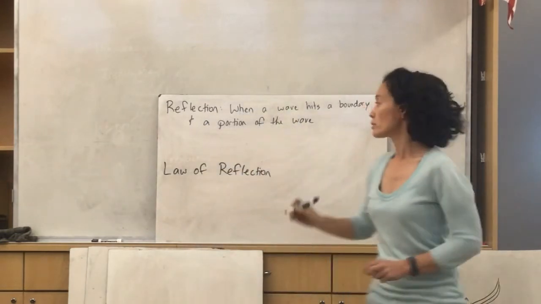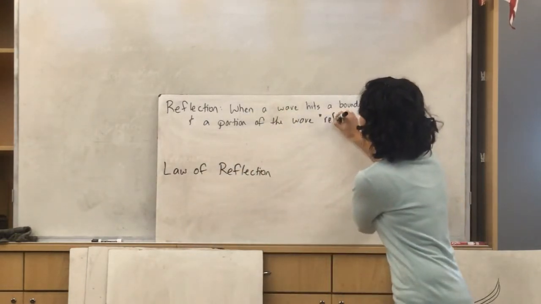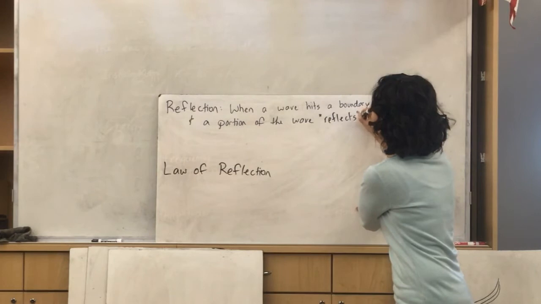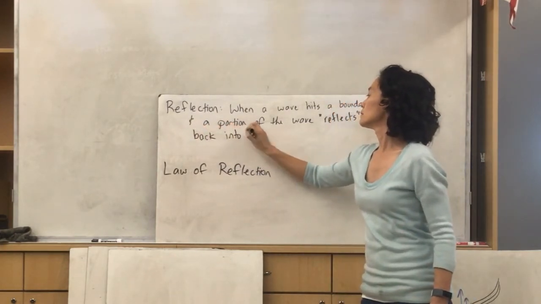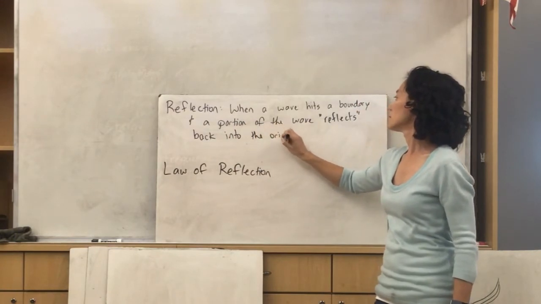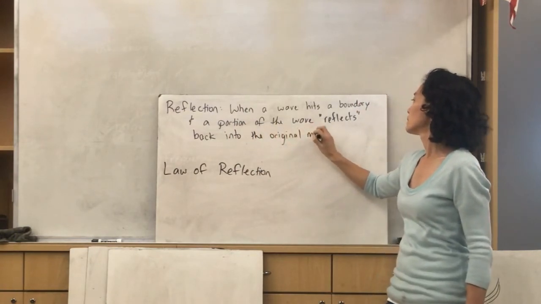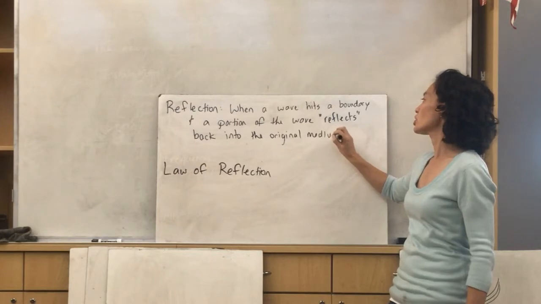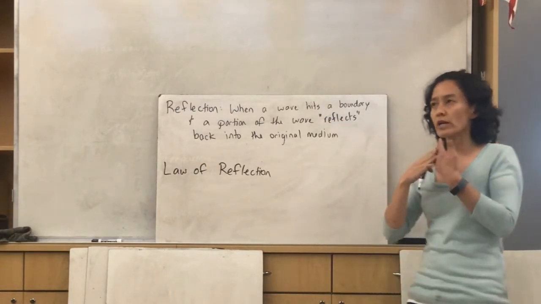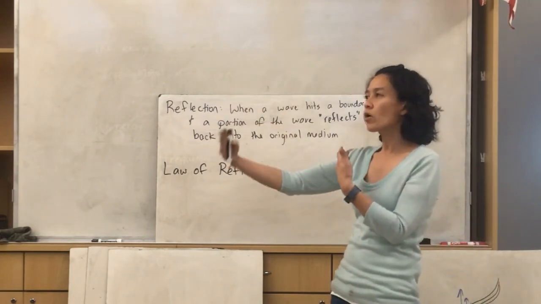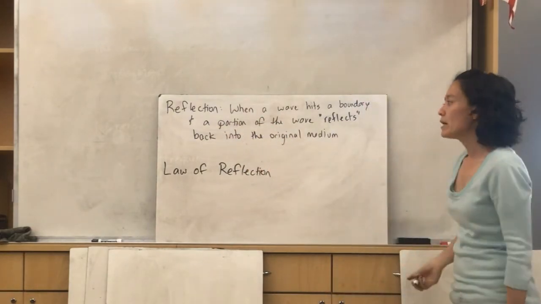Reflection doesn't just occur with light waves. An echo is a reflection, where the sound wave travels, hits a wall or a barrier, and bounces back.